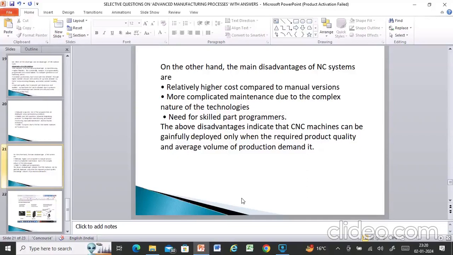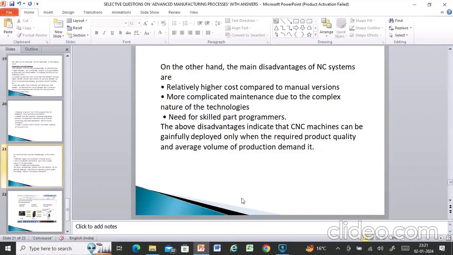Since we are using embedded systems, integrated circuits, ball screws, servo motors, servo systems, the maintenance is complicated, and one must be ready with replacement parts, like a spare circuit board, so that it can be changed immediately and the machine can be put back into operation. Need for skilled part programmers.